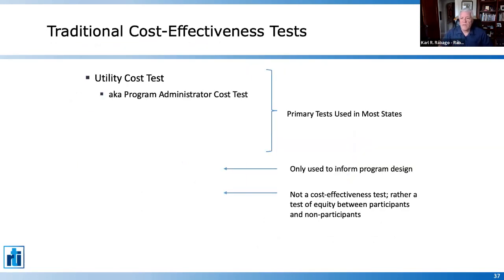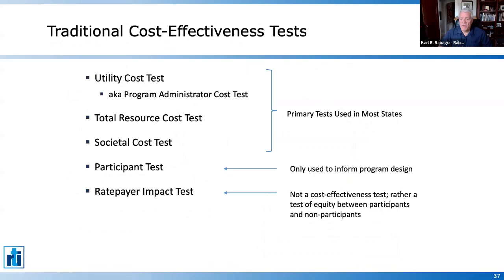Traditional cost effectiveness tests, I'm going to just get these all up here to save time. Oops, there we go. That I just talked about. They're used and mapped in this way: utility cost, total resource cost, it adds in participants, and the societal cost. Those are the most common ones, the ones I just showed you.